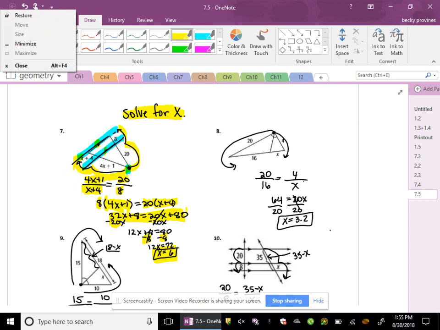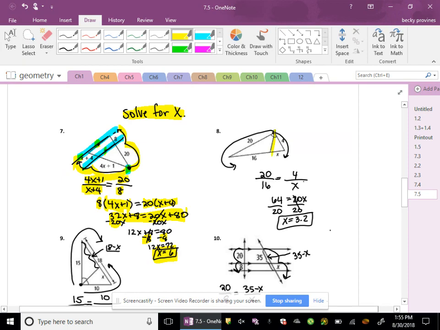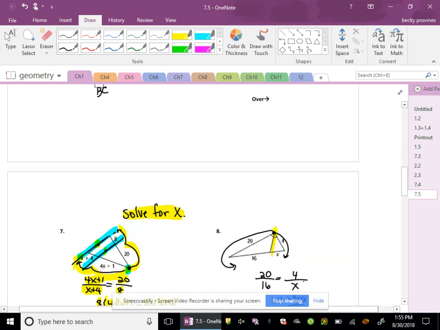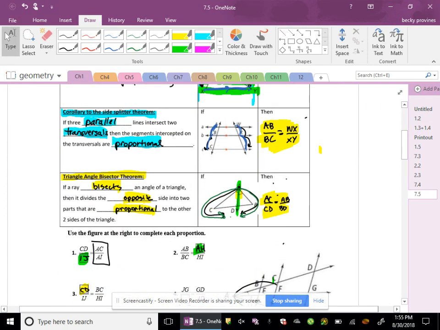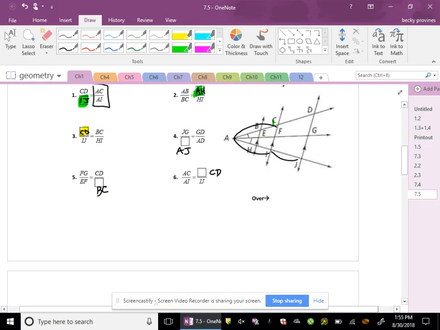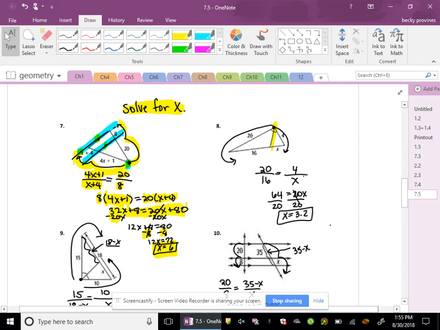So for number 8, I notice I have an angle that's being bisected right here. So I'm using this third rule, the triangle angle bisector theorem. Okay, so I start where the angle's being bisected, and you can go around the left and you go around the right.